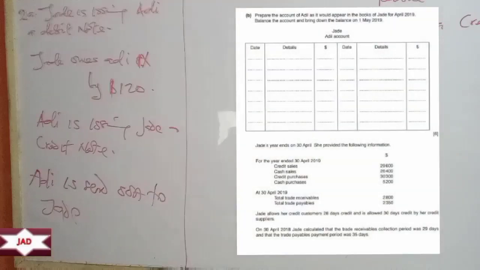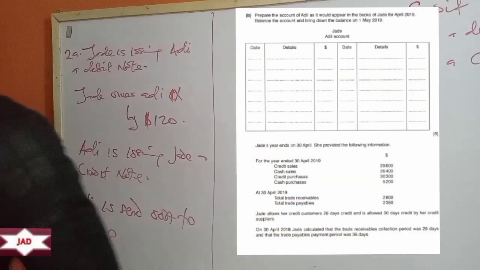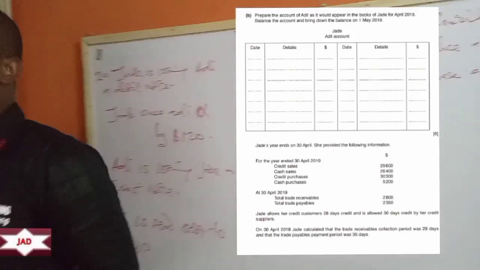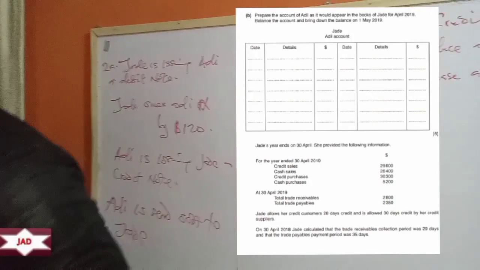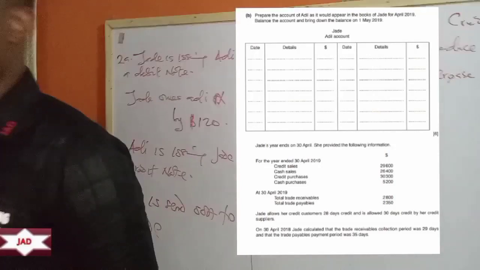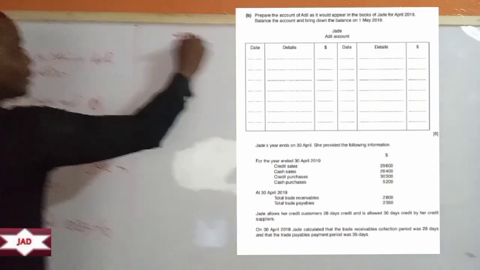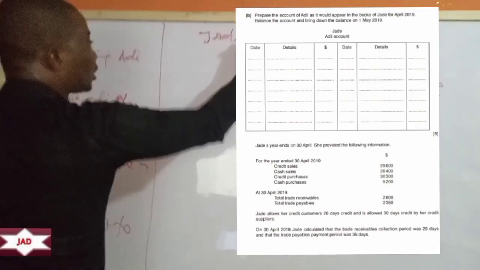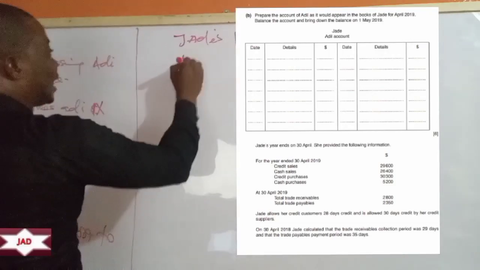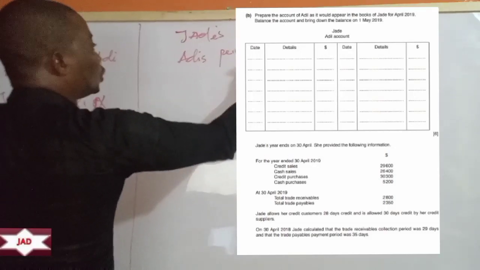So the next part says, prepare the account of Adi as it will appear in the book of Jade for April 2019. Balance the account and bring down the balance on 1st May 2019. So what we're saying is that there are two perspectives. We have Jade's perspective, and then we have Adi's perspective.